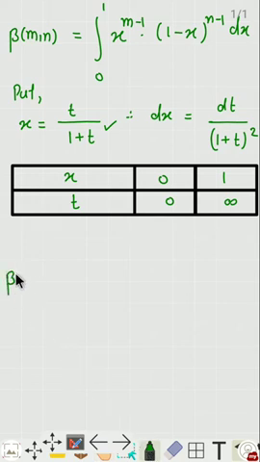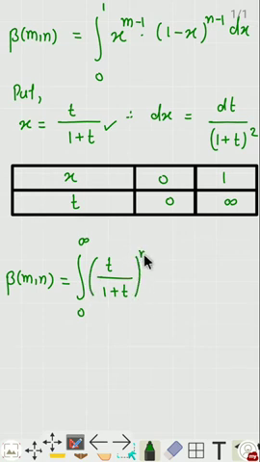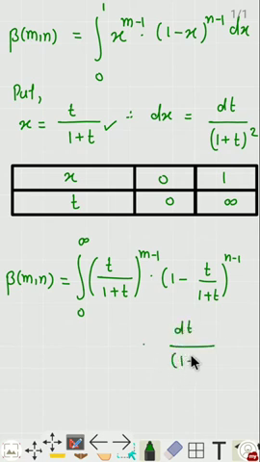So the left hand side is beta(m, n), so we are making the substitution in this integration, and the integration is from 0 to infinity, and instead of x I will write t divided by 1 plus t raised to the power m minus 1 into (1 minus t upon 1 plus t) raised to the power n minus 1, and into dx, which is dt upon (1 plus t) whole square.